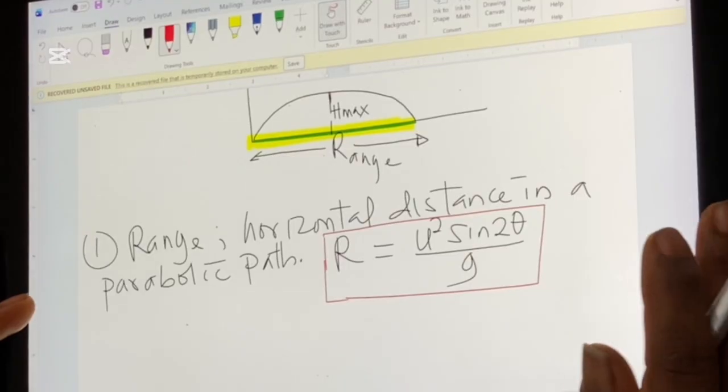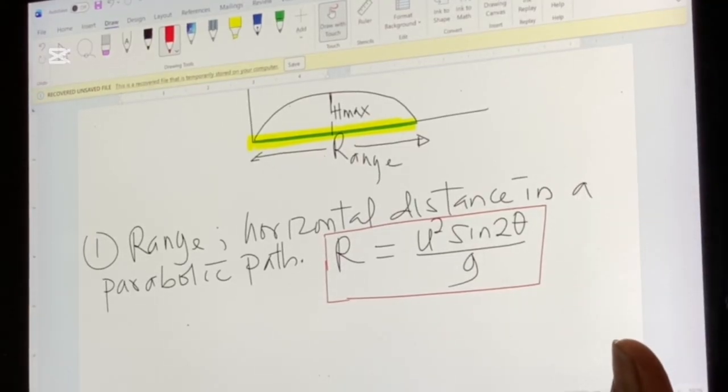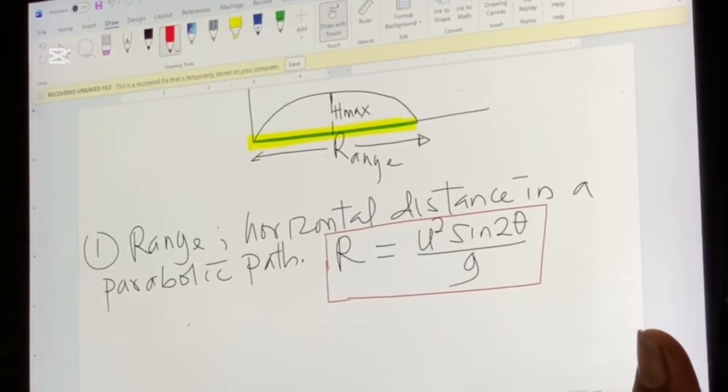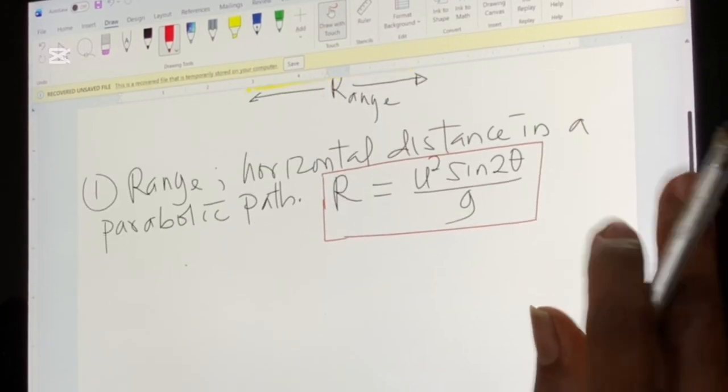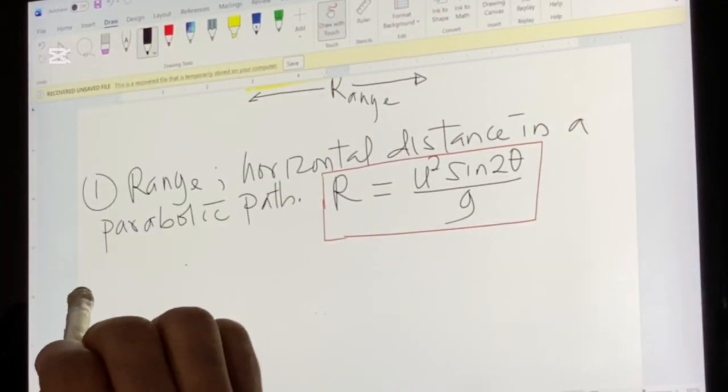Please take note. Okay, the next one is maximum height.